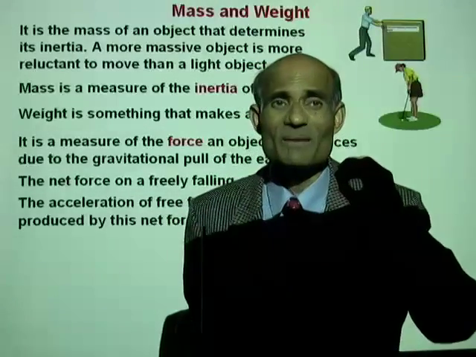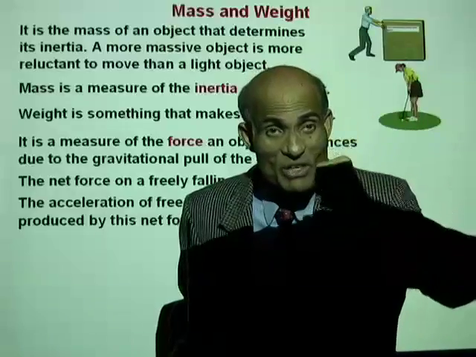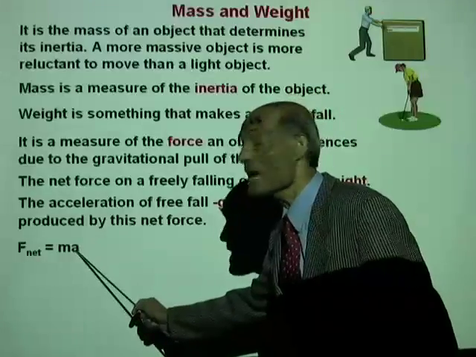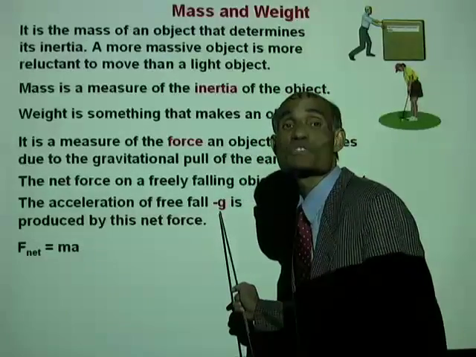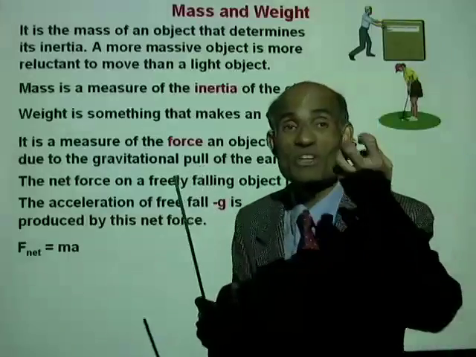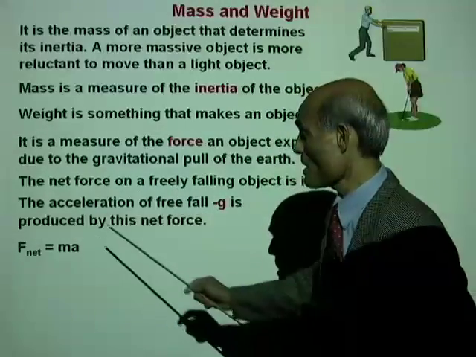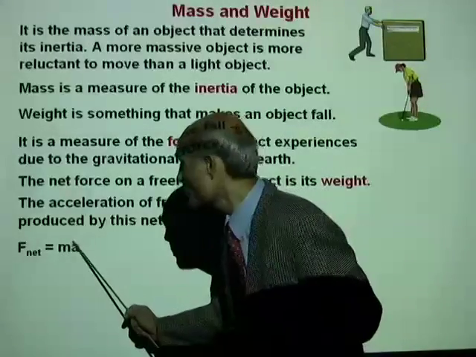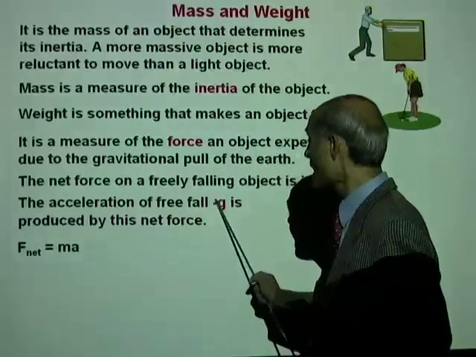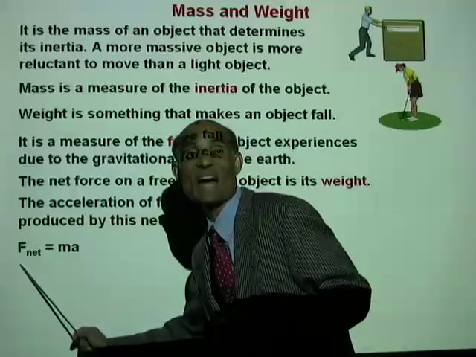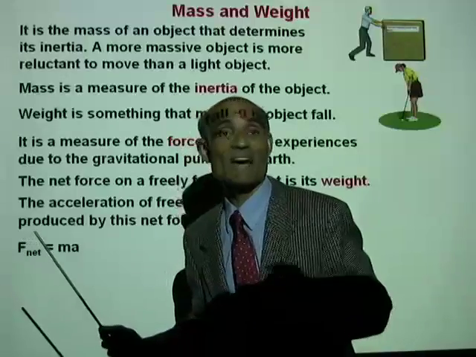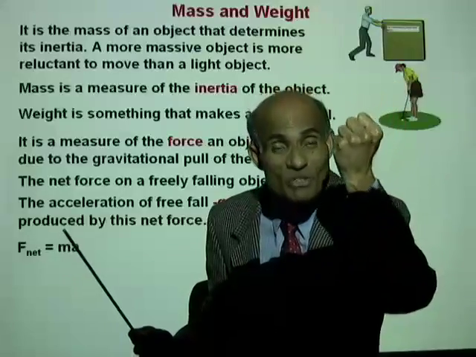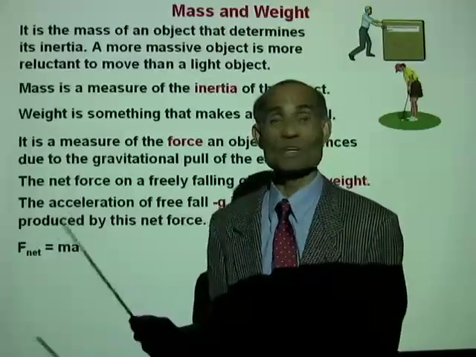Why the negative sign? The negative sign indicates that the acceleration is directed downward. Now, in place of a, we will use negative g to represent the acceleration of free fall. So, if F net equals ma, and this a is replaced by negative g, what will that F net be? That F net will then be the weight of the object, the force on the object due to the gravity of the earth.